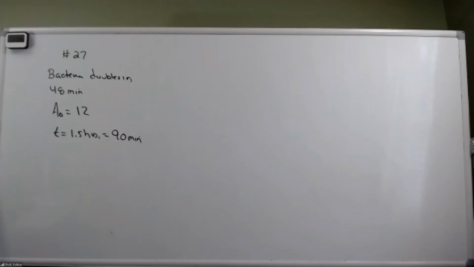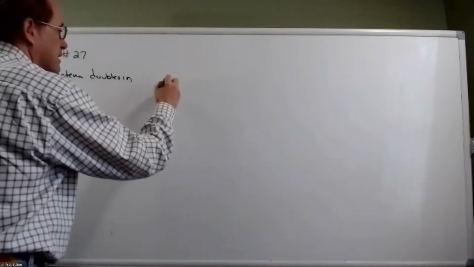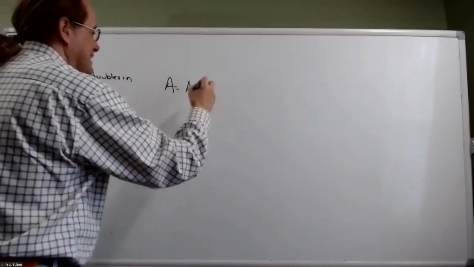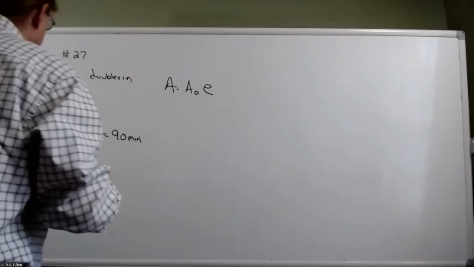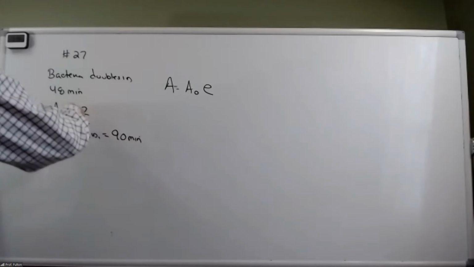Okay, so we have the doubling time, and then we just plug it into our formula. So my A, the amount over any time period, is some A0 e to the, and we have our doubling time. Our doubling time is 48 minutes.